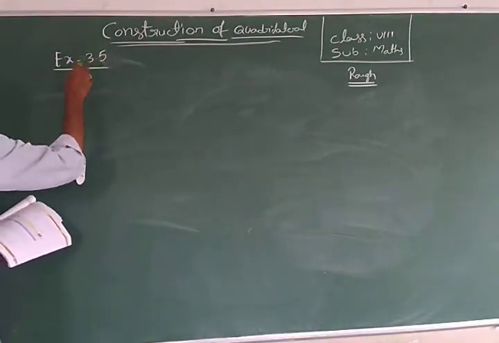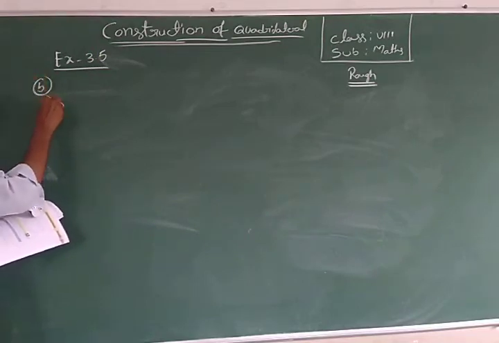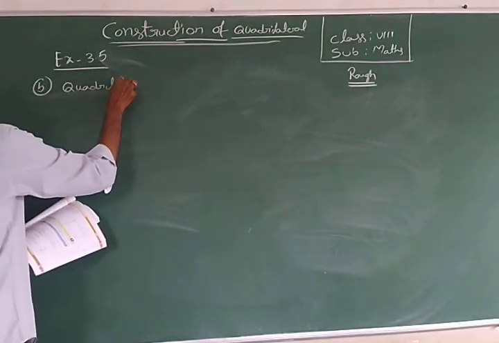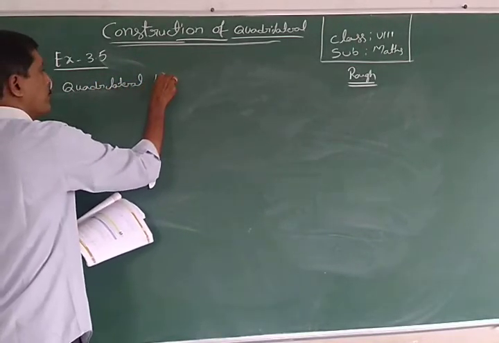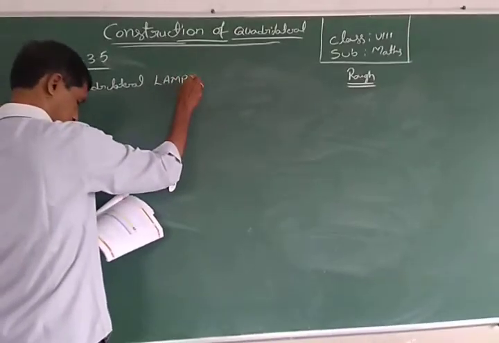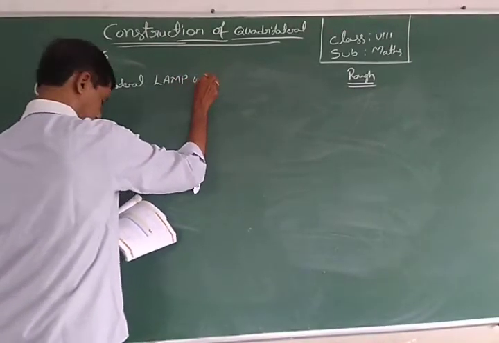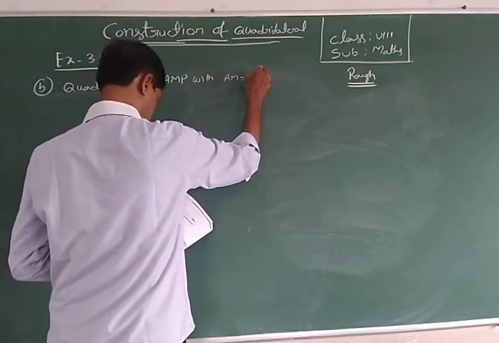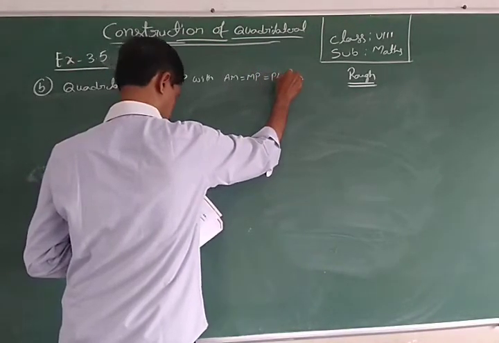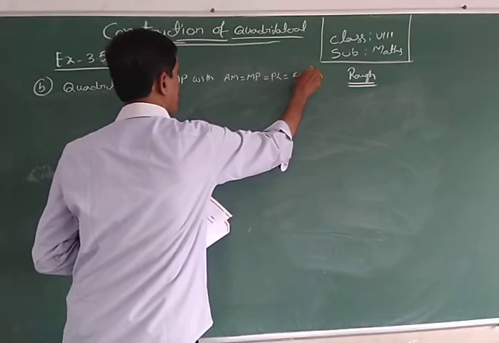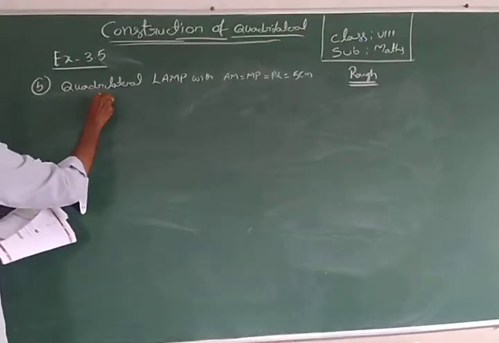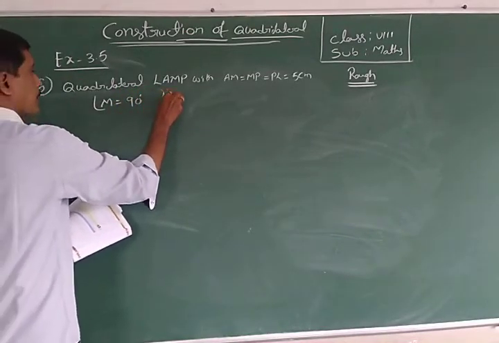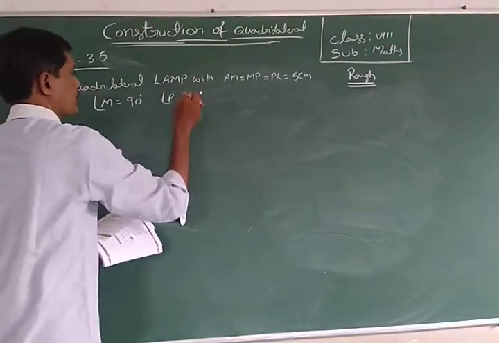Next, 3.5 exercise, that is question number B. Quadrilateral LAMP in which AM equal to MP equal to PL equal to 5 centimeters, angle M equal to 90 degrees, angle P equal to 60 degrees.